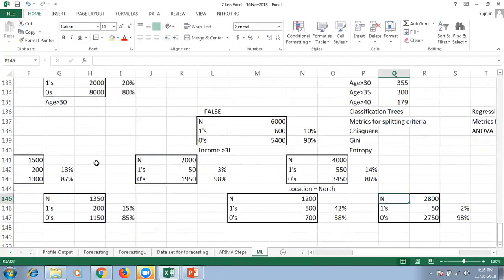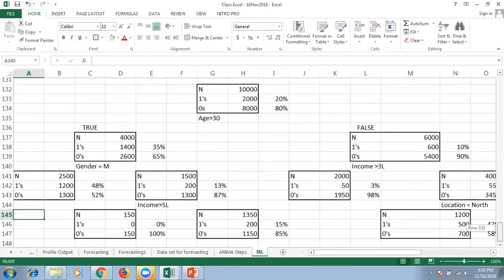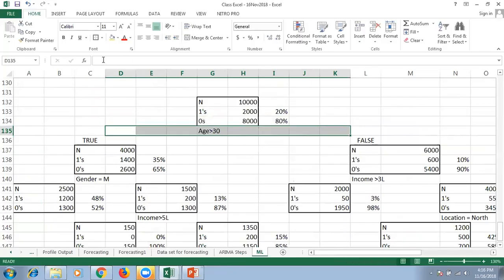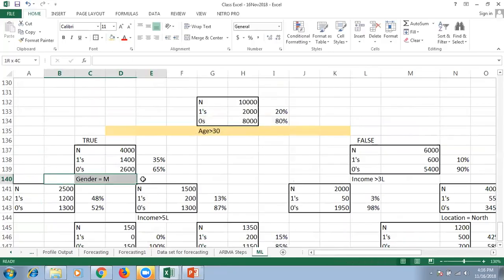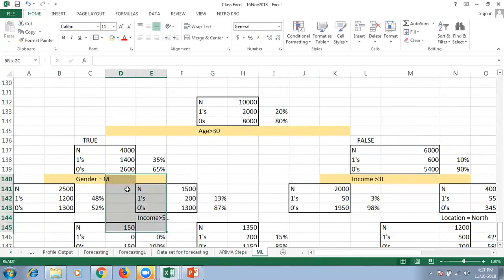So for example, while you are building a model, this is the place where it stopped. The initial split you got is here, here the split happened like this, and here the split happened like this, here like this, here like this.